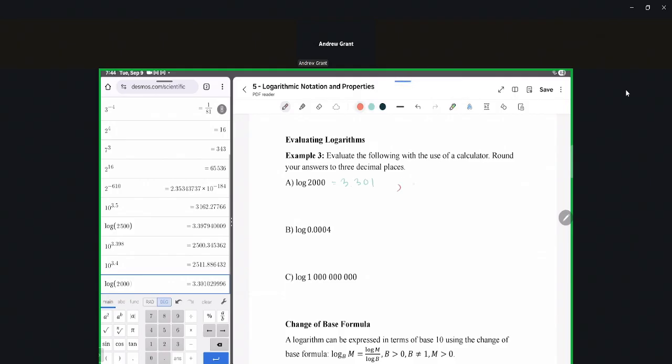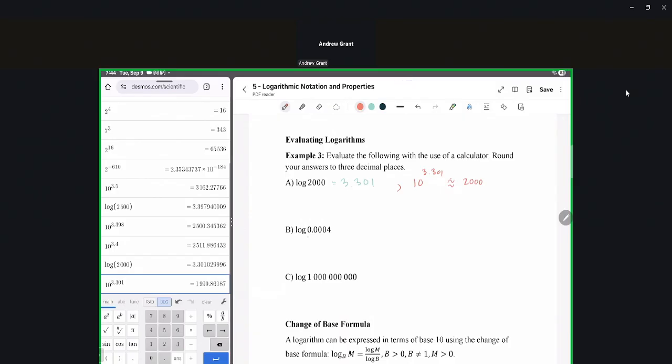If you want to check this, if I take 10 to the power of 3.301, I get about 2,000. So I use the approximately sign and I get about 2,000.